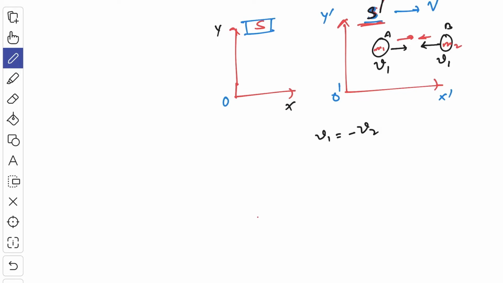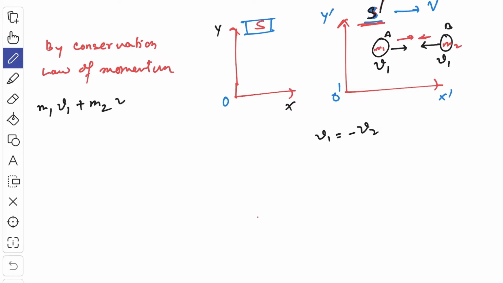Now here you see, by the law of conservation of momentum, we get m1 small v1 plus m2 small v2 is equal to, after collision, suppose they stick together and move as a single object of mass m1 plus m2 with velocity capital V with respect to this frame of reference.